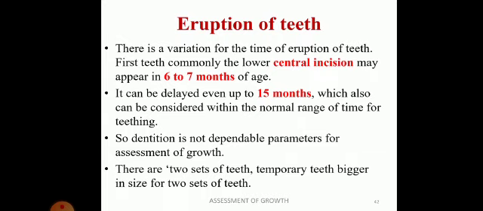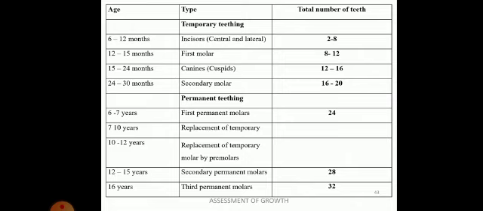Now we all know that there are two sets of teeth. Clear? So the initial teeth that are available since birth will be replaced by new teeth. Okay, so it will start from 6 to 7 years of age. Now the second time whatever teeth are coming, they will be permanent.